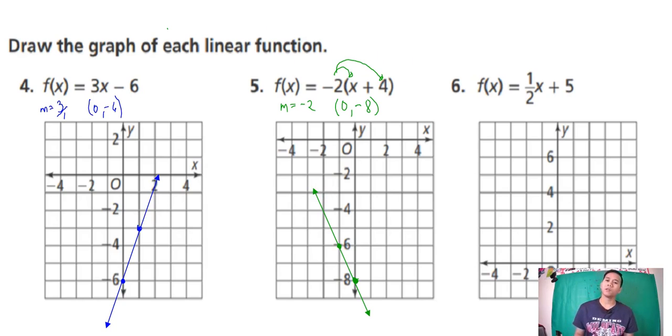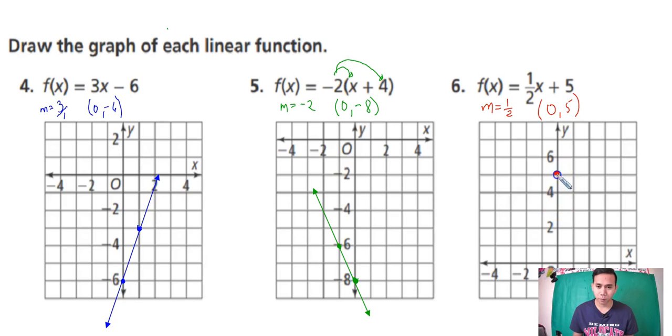Right. Next we have number 6, which is f of x is equal to 1/2 x plus 5. So identify the slope. The slope is positive 1/2, and then the y-intercept is at 0, 5. First, graph your 0, 5.